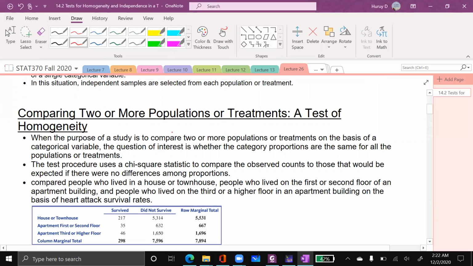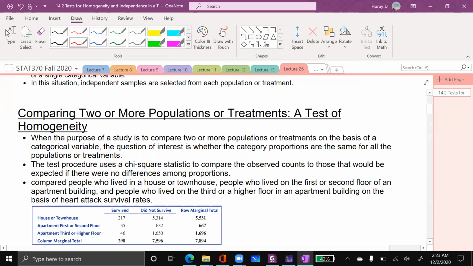Okay, so the test of homogeneity is basically comparing two or more different groups, to see if the proportion, or the categorical behavior, among all those different populations is the same or not.